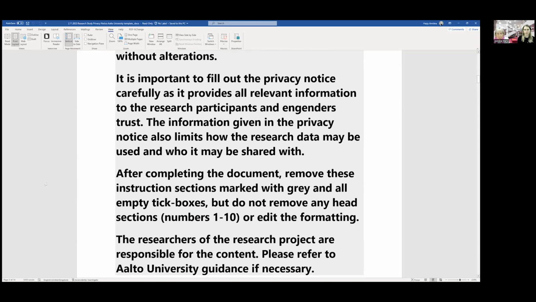Before drafting this, you must plan the entire life cycle of the research data, as you do in the data management plan, and especially the research data containing personal data.